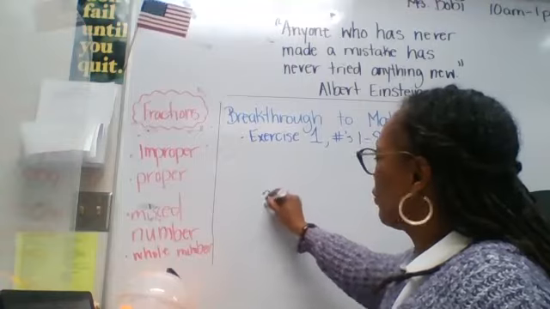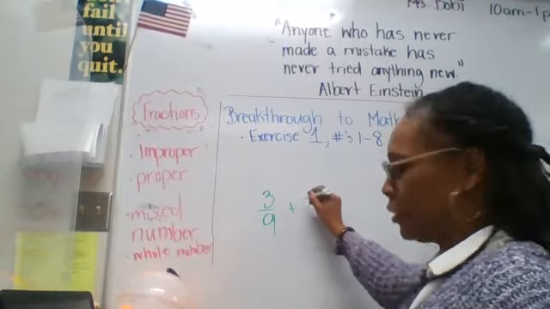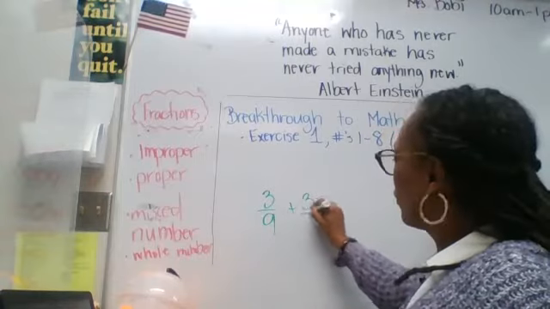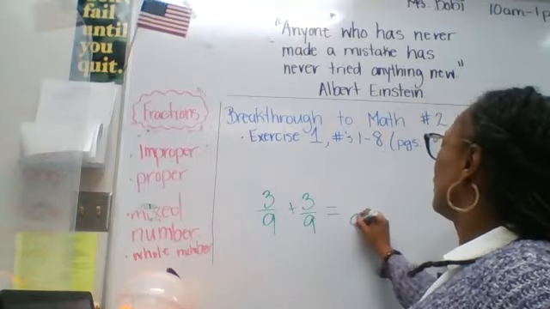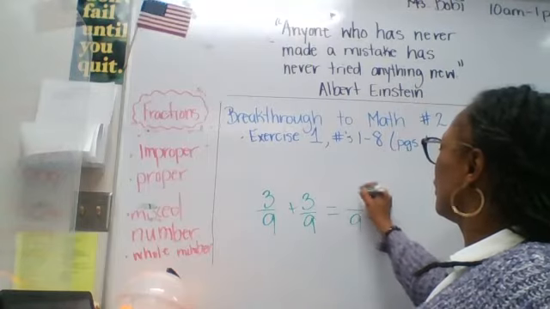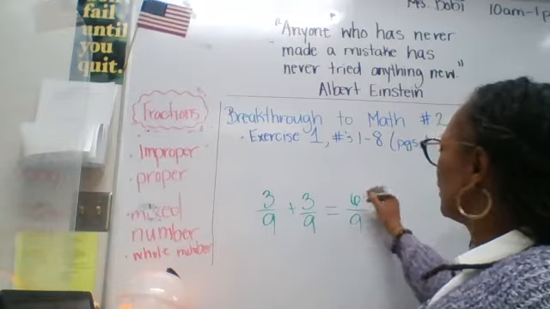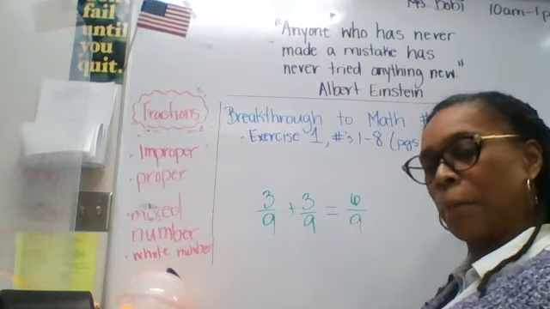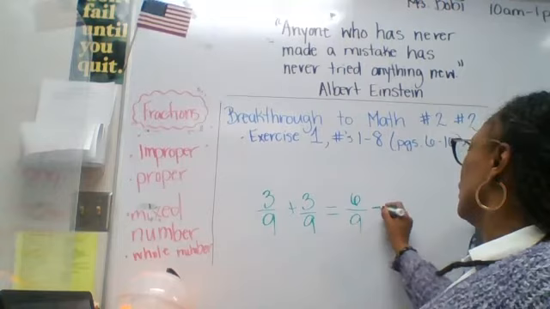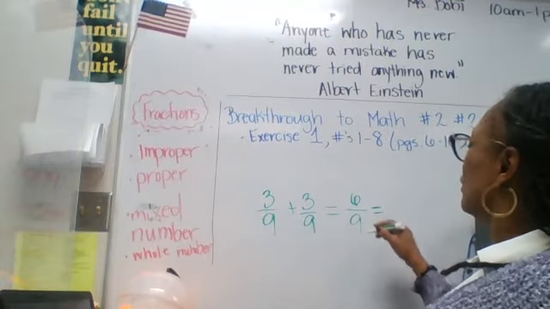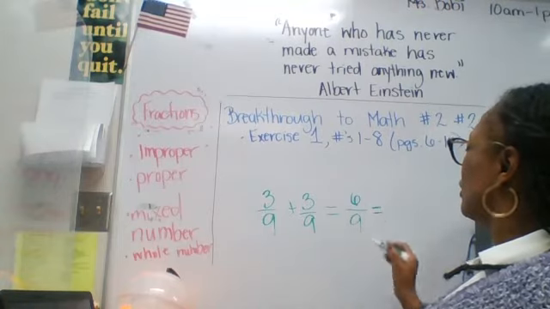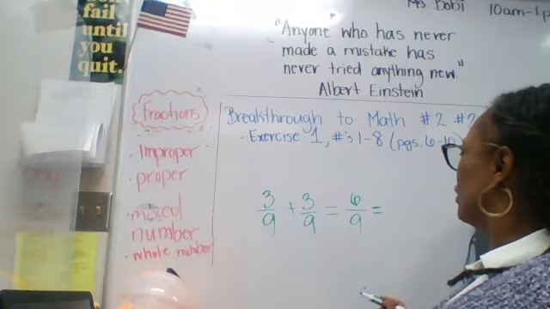Number 3. 3 over 9 plus 3 over 9. The denominator is 9. 3 plus 3 is 6. We're not multiplying it, right? So then we know we have to do something to this. Can 6 go up to 9 evenly?